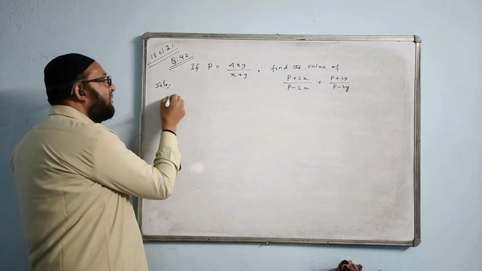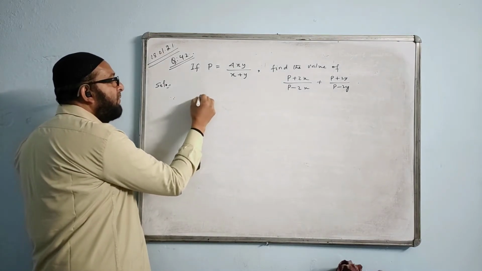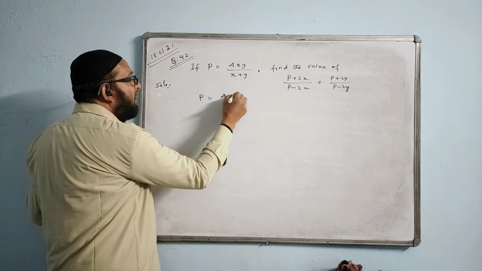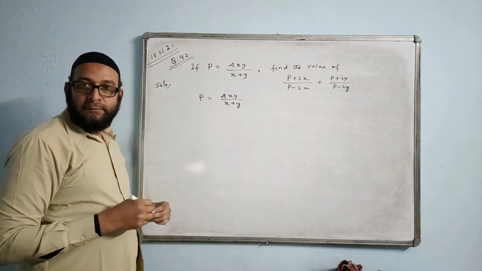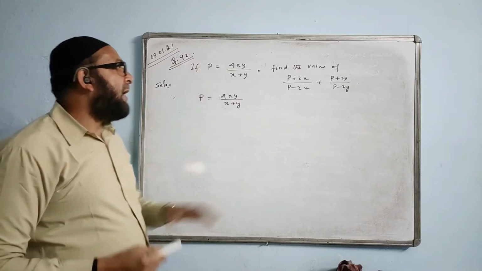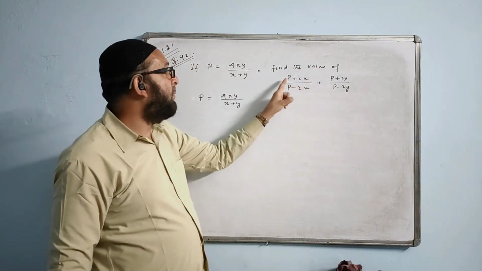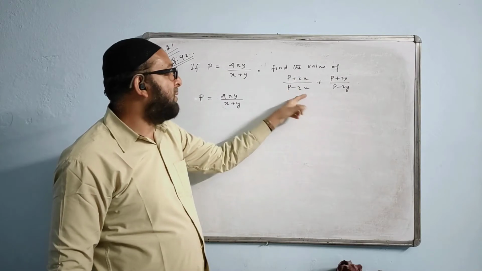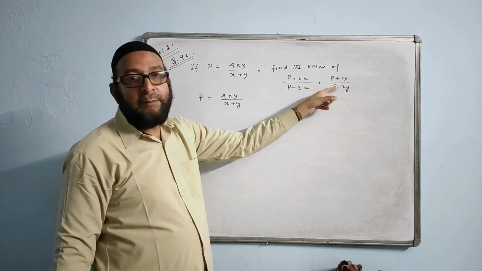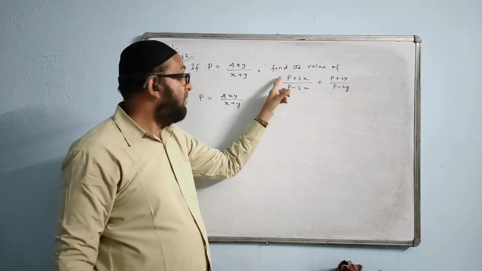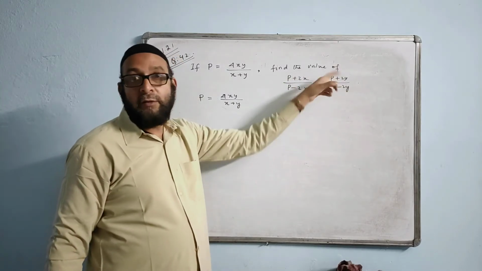First of all, we'll copy whatever has been given: p is equal to 4xy by x plus y. Then in the expression we have to find, p plus 2x and p minus 2x, this is a type of componendo dividendo. Here also we have componendo dividendo.